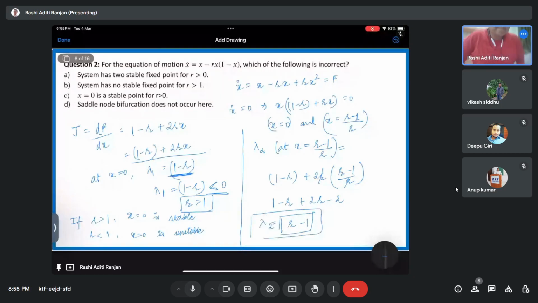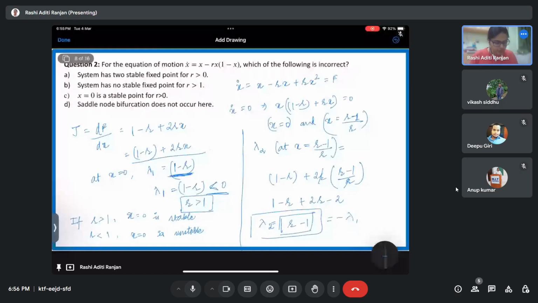So my lambda 2 is exactly the negative of lambda 1, so it is going to have a characteristic opposite to what we had for lambda 1. For now we'll forget this and try to see how this fixed point x2 is going to vary.